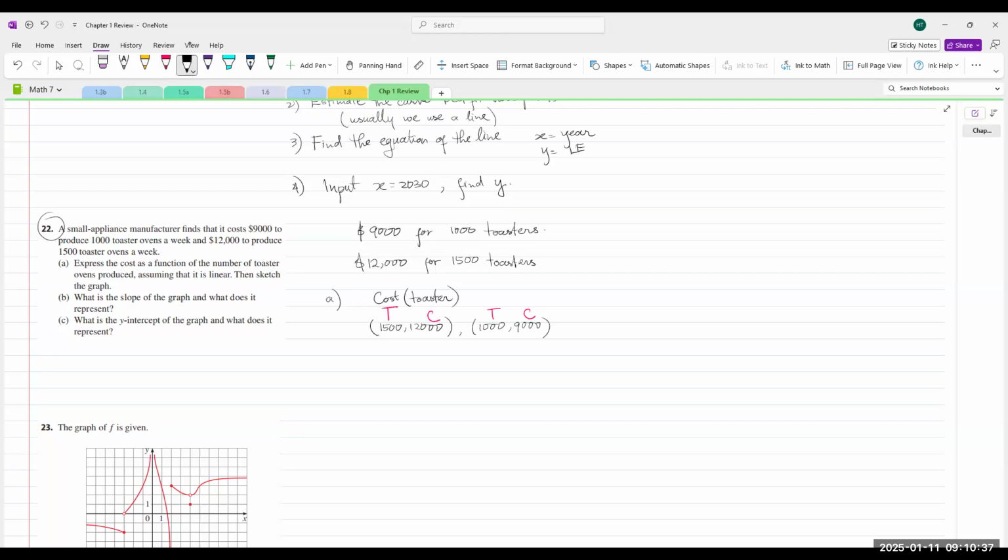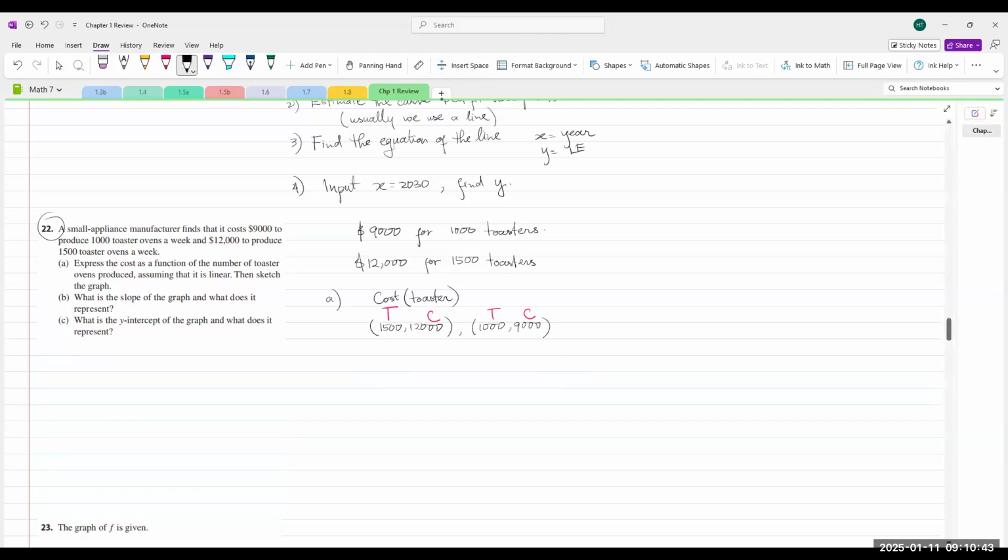Now, because we assume it is linear, we need to find two things. First, we need to find the slope. 12,000 minus 9,000 over 1,500 minus 1,000, that is 3,000 over 500, which equals 6.